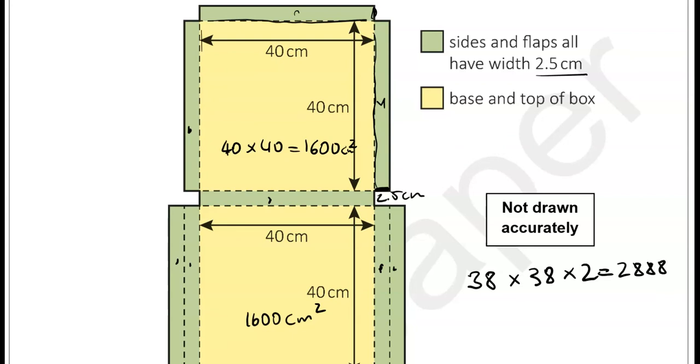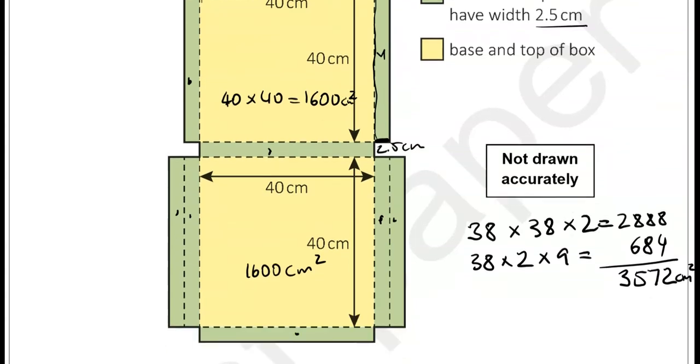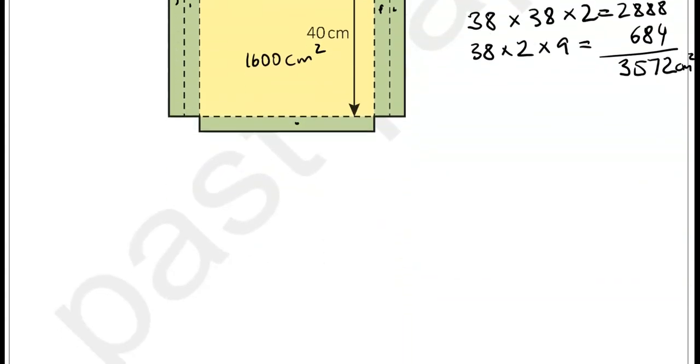And in terms of the flaps, we multiply 38 by 2, and it's 9 of them, so we're going to multiply it by 9 as well, and that gives us 684. Adding them two together gives us 3,572 centimeters squared.